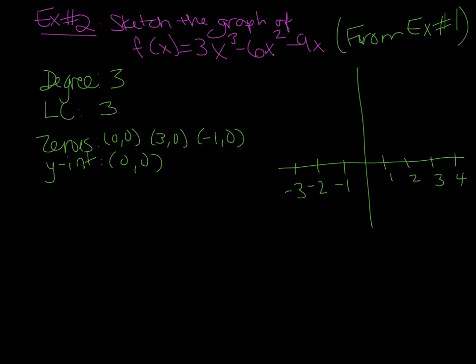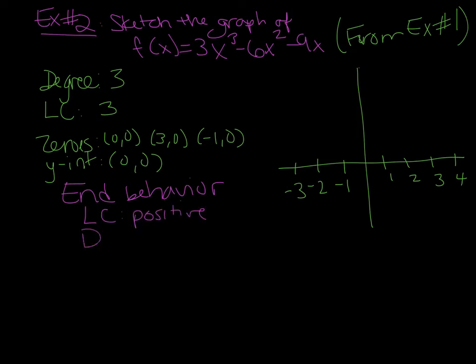In the previous example, we found that the degree was 3, the leading coefficient was 3, we found 3 zeros and a y-intercept. So now I'm going to be using the leading coefficient test to help me figure out what the end behavior looks like. And what we're going to notice is that my leading coefficient, which is 3, is positive.